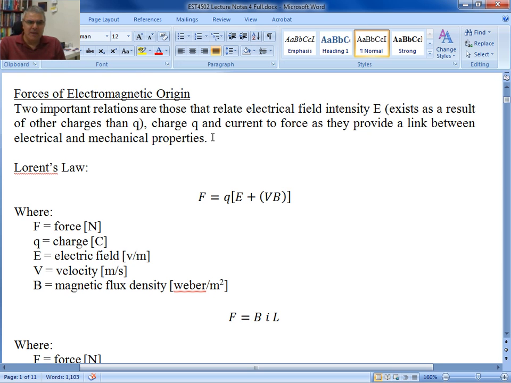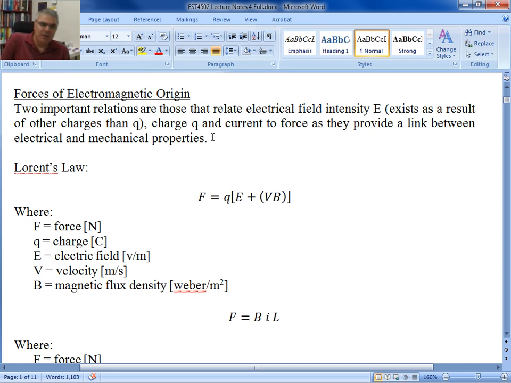current. Again, it's important for us to concentrate here on certain equations that we'll be using for this particular topic for the next lab. We use the Lorentz law. Lorentz law relates force, charge, and electric field. The equation is shown here.